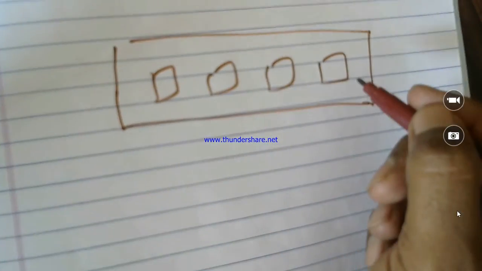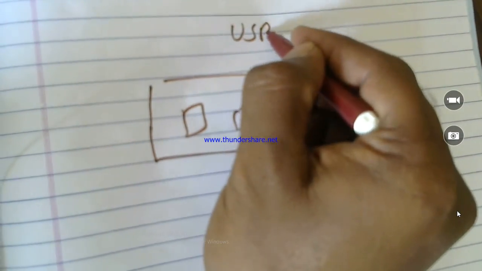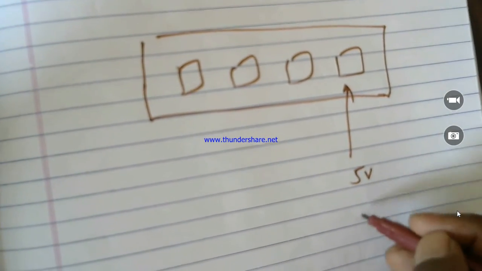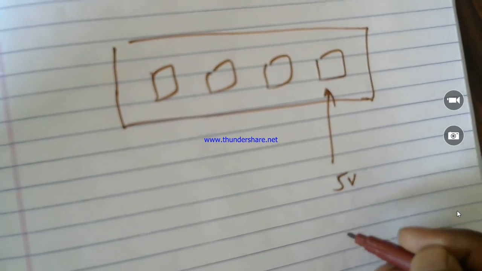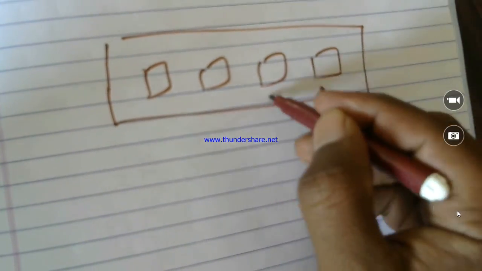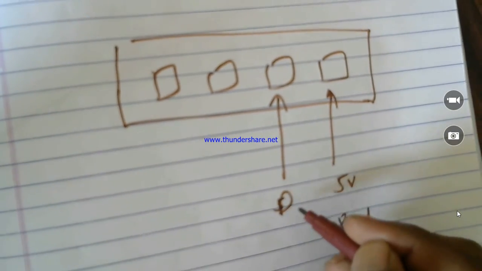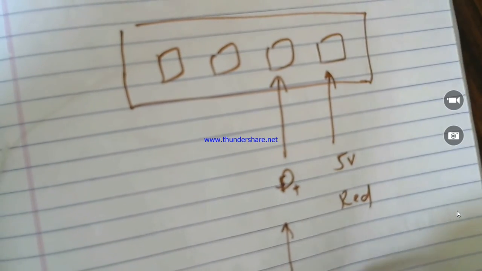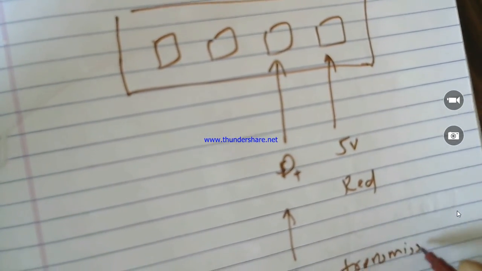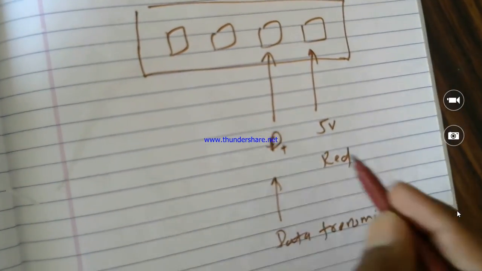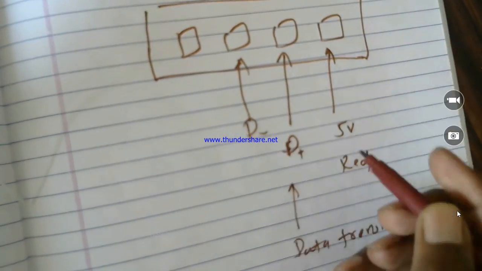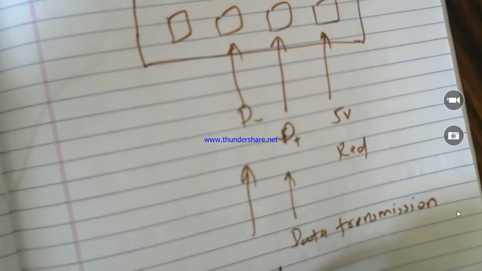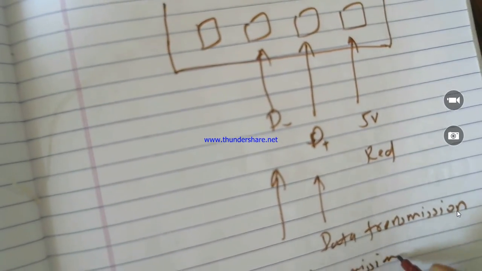There are four pins available in USB, right? The first one is the 5 volt supply and has the red color, right? Then D plus for data transmission. Then D minus, also for data transmission.